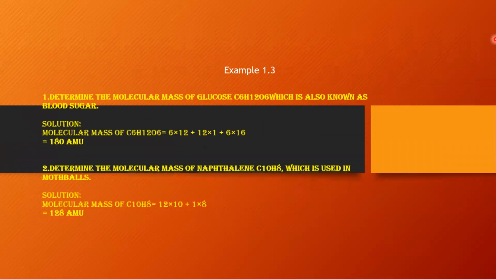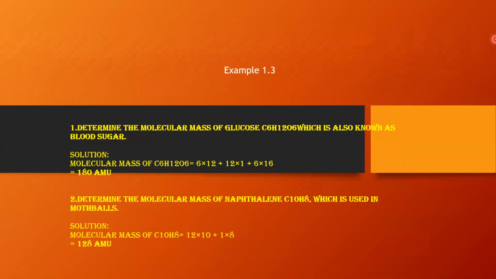So this is an example 1.3. Determine the molecular mass of glucose, C6H12O6, which is also known as blood sugar. So molecular mass of glucose: 6 carbon and 12 is the atomic mass of carbon. 12 hydrogens, 1 is atomic mass of hydrogen, 6 oxygen, and 16 is atomic mass of oxygen.